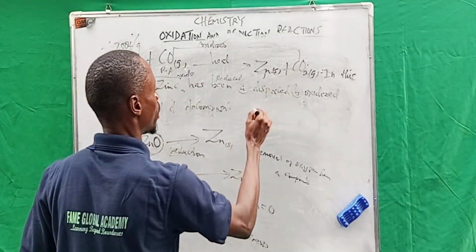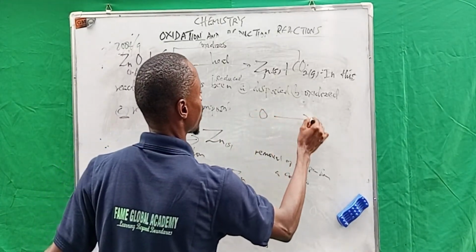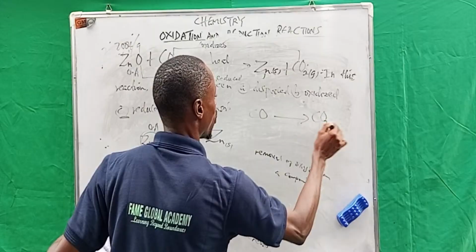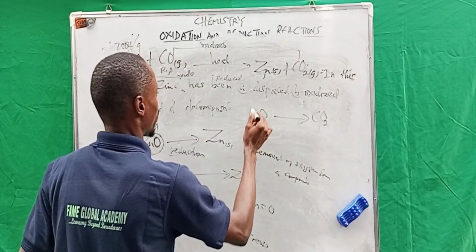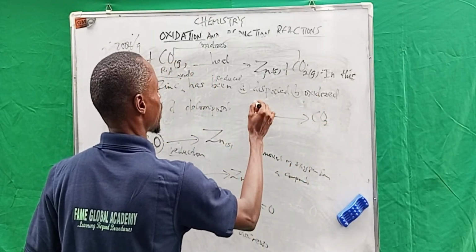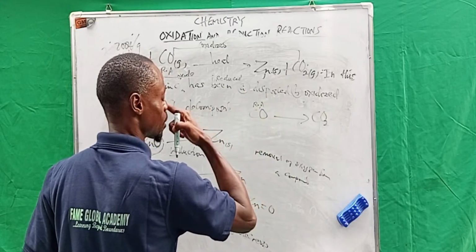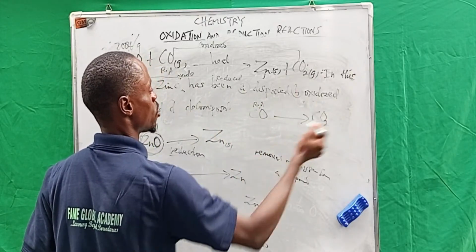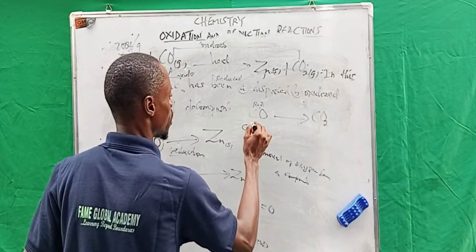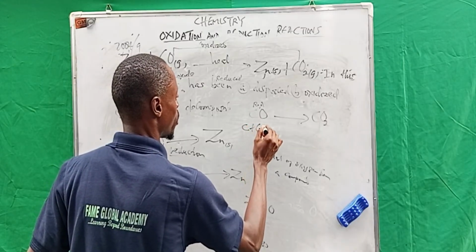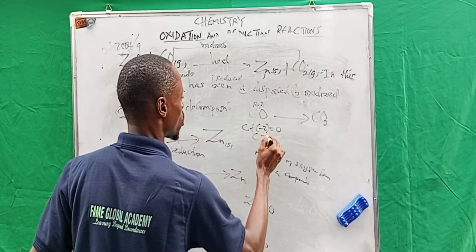But let's look at carbon in carbon(II) oxide and carbon in carbon(IV) oxide. We have just identified carbon(II) oxide as the reducing agent, so it is the species that is oxidized. So there will be an increase in oxidation number. We have C plus (-2) equal to 0, so C is equal to +2.